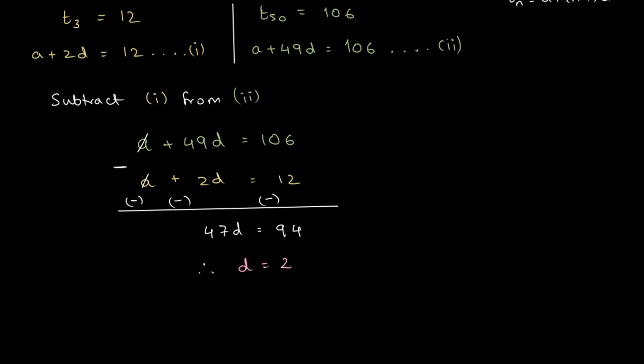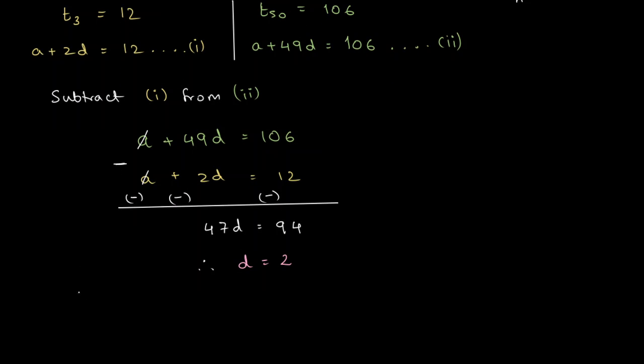Now I need to find the value of a as well, so let's substitute d is equal to 2 in equation number 1. It's easier to solve with smaller numbers, right?